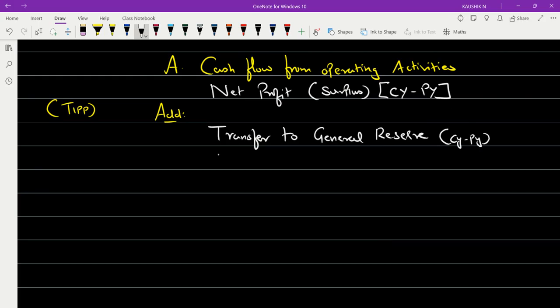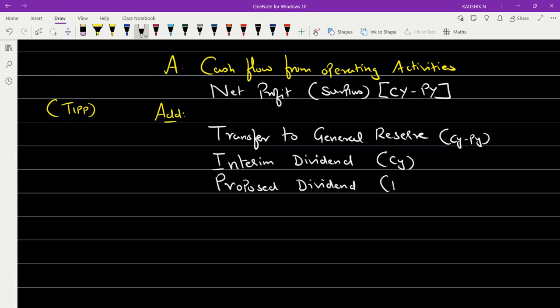The next, I stands for interim dividend. The next is P. P stands for proposed dividend. And this interim dividend will be for the current year. Proposed dividend will be for the previous year.